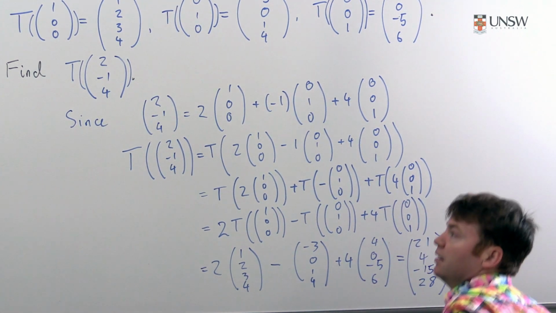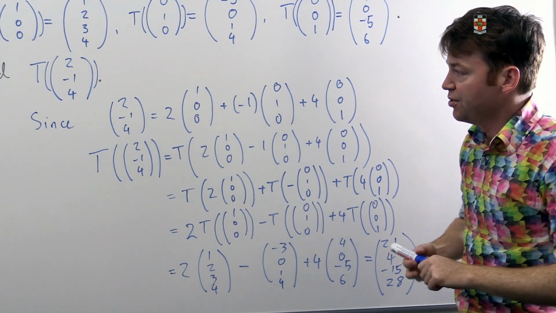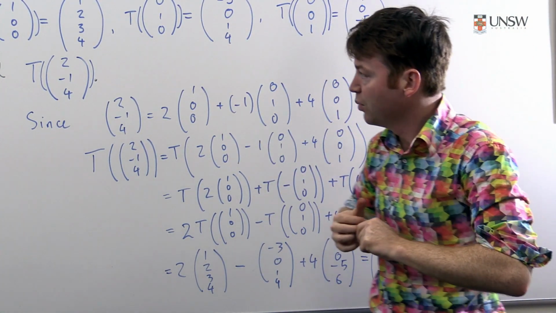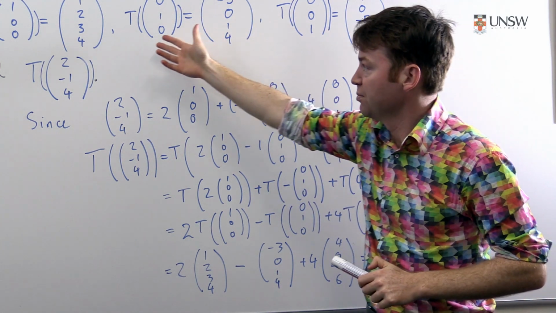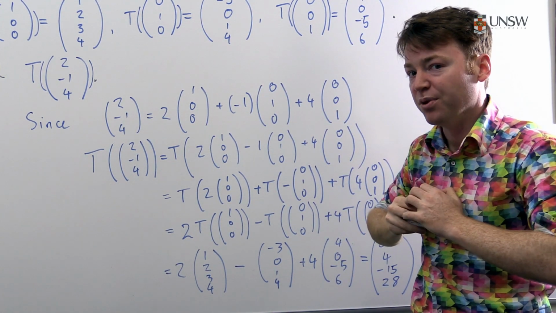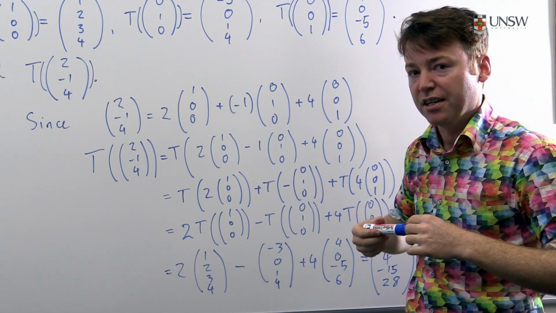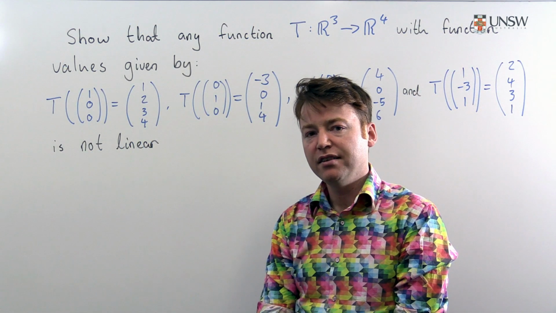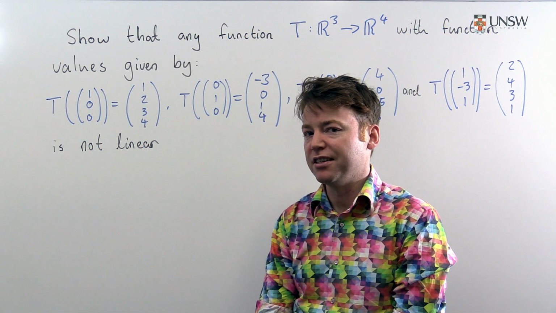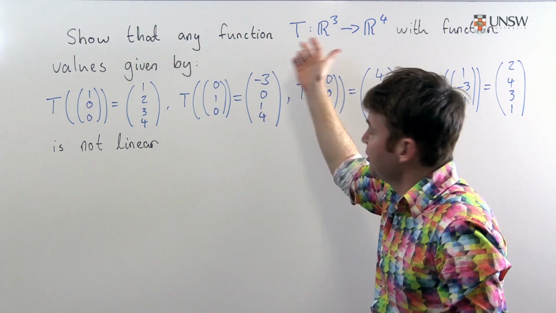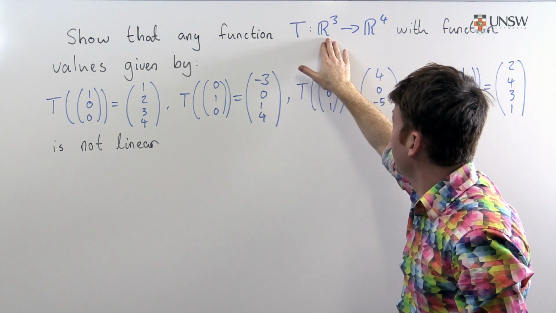Behold, we are able to determine what T did to a point based only on the information of what T did to three specially chosen points and the fact that T was linear. Now let's look at this property of linearity a different way. We're given a function. It again maps from R3 to R4.